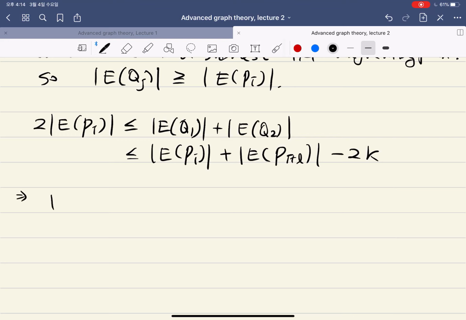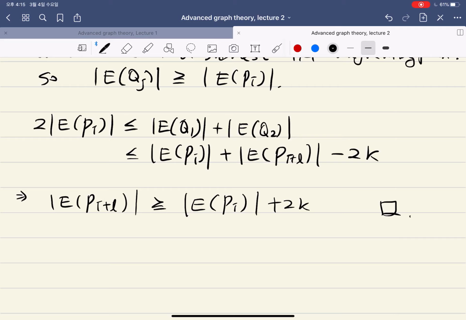From here, what we get is that Pi plus L is as large as Pi plus 2k. So this proves the claim.